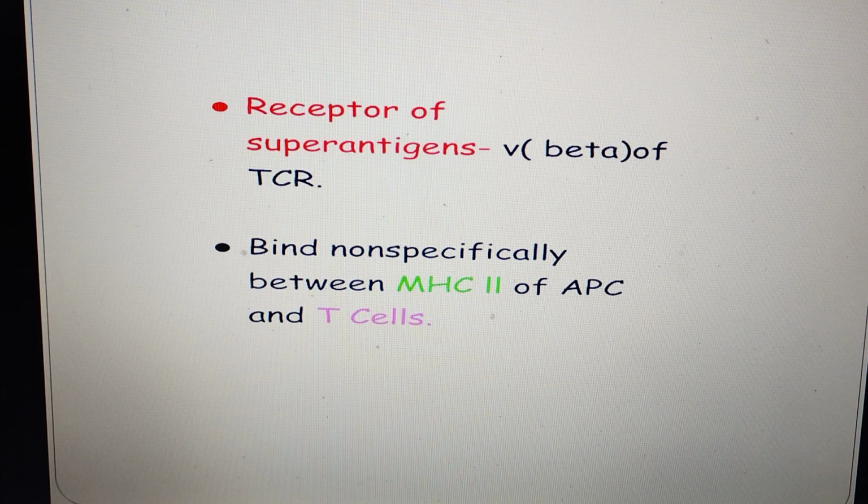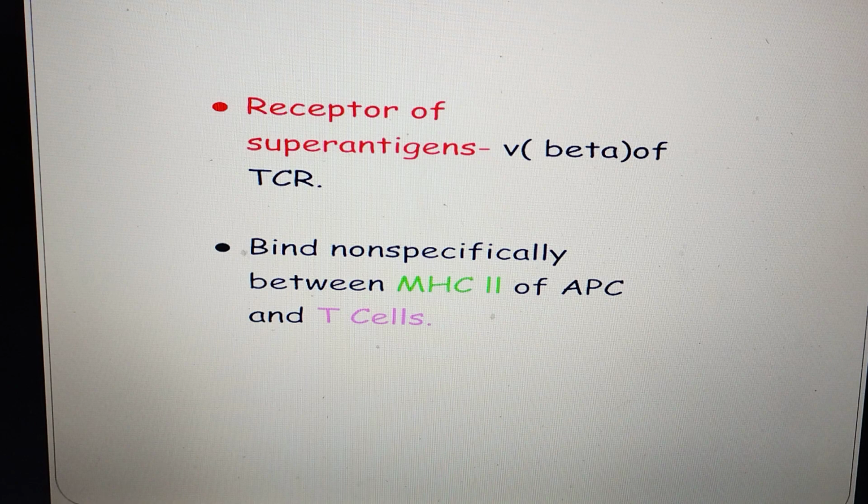The receptor of superantigen is V beta of the T cell receptor. There is a site like V beta which is present in the T cell receptor. This superantigen will bind to that V beta site.